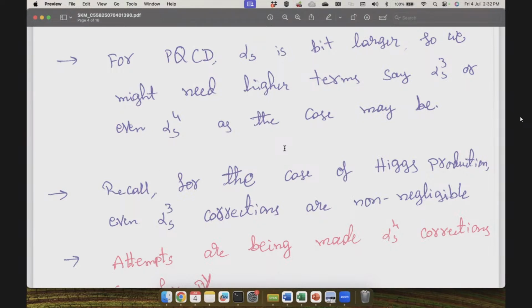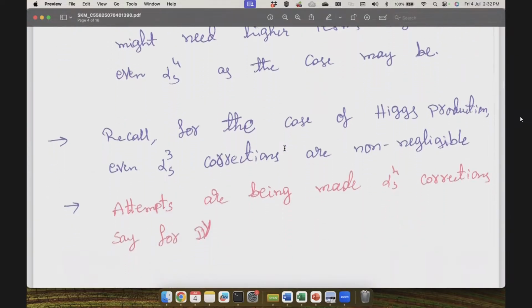Recall that for the case of Higgs production, the full third order correction has been computed way back, around 2013 or 2015, and the full N3LO result is available. We see that even apart from the leading order, the third order correction still contributes about 1 or 2 picobarns. Whereas the leading order, depending on whether you are working in the effective theory or the exact theory, contributes around 14 or 20 picobarn.